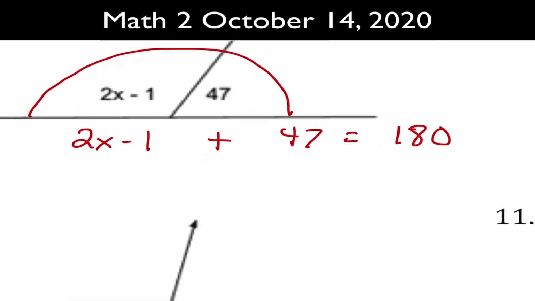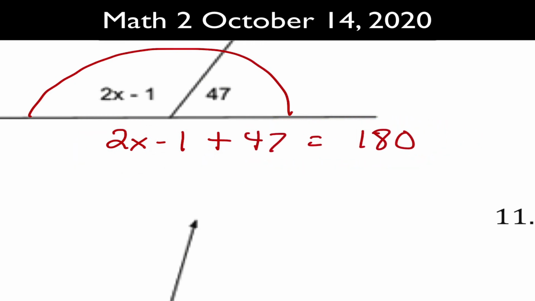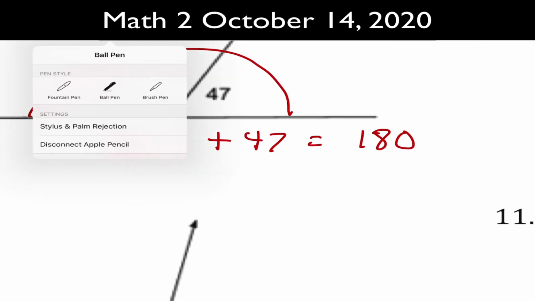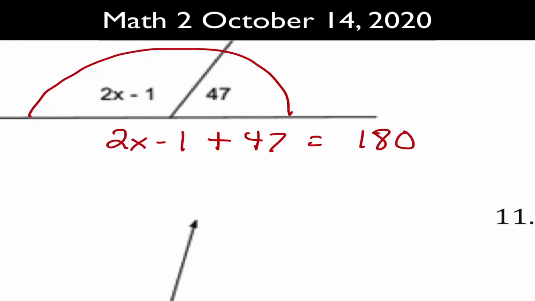Let's bring those closer together so you can see it. 2x minus 1 plus 47 equals 180. Combine like terms, and you understand how to do that. Negative 1 plus 47, well, that's 46, right? So now you have 2x plus 46.